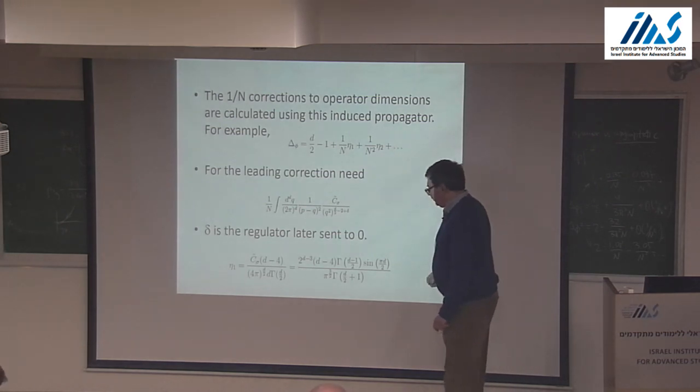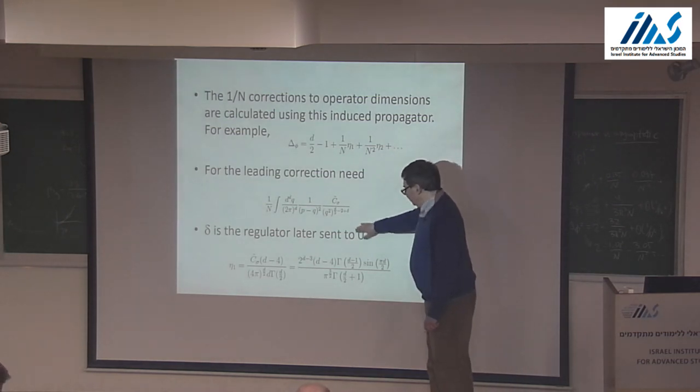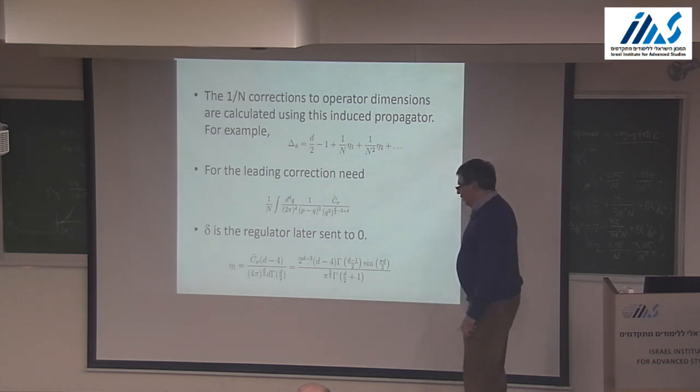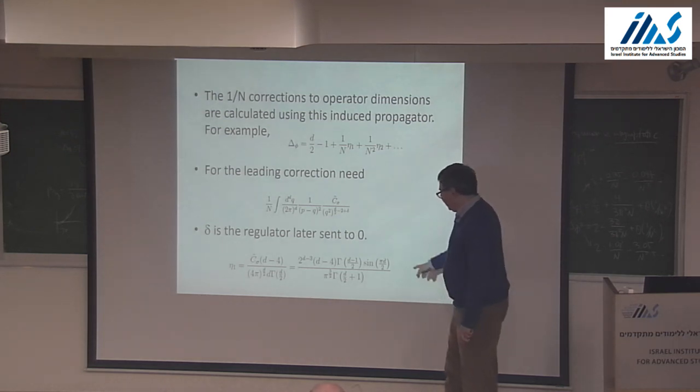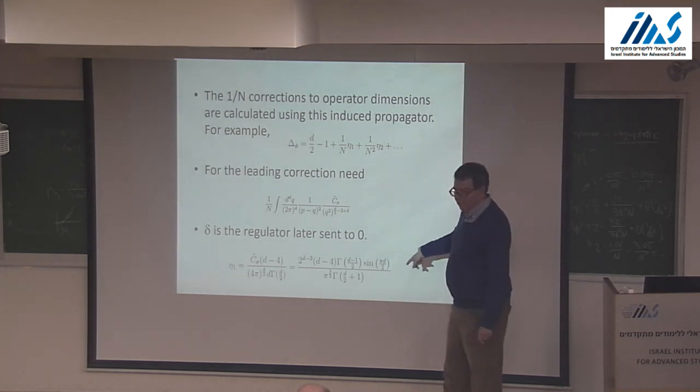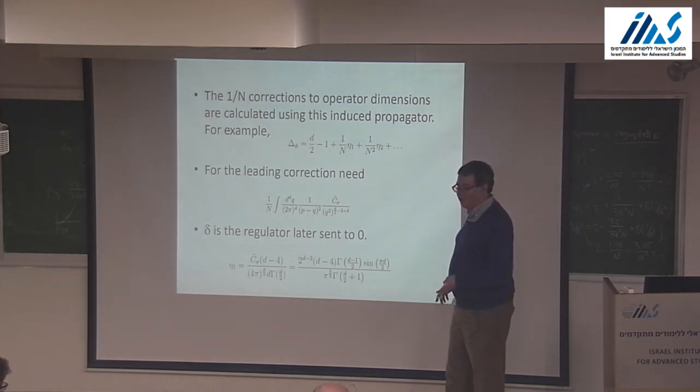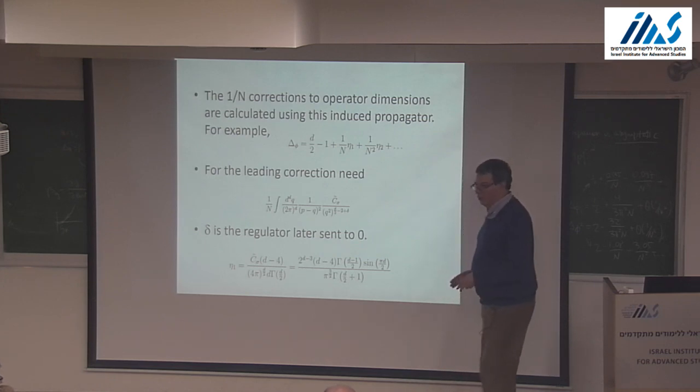So then when you follow this procedure, you get this amazing formula that this eta 1, the 1 over n correction, you get it as a function of d, right? You don't just get it in d equals 3. You can really do it in any d between 4 and 2 or even above 4.